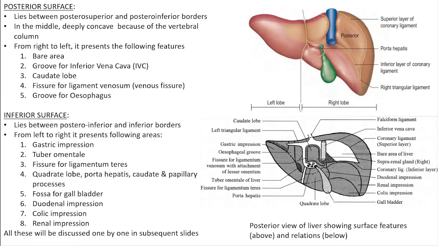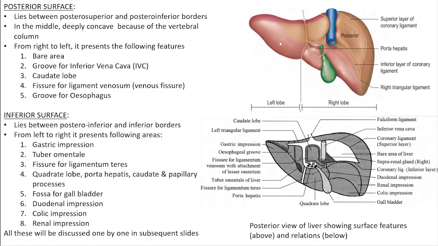Right. Okay. Then we come to the posterior surface of the liver. Now, the posterior surface, as we all know, lies between the posterior-superior border, which is comparatively a rounded border, not as sharp as the inferior border, and the posterior-inferior border. I will tell you the margins of the posterior-inferior border later on, but this is the posterior surface.